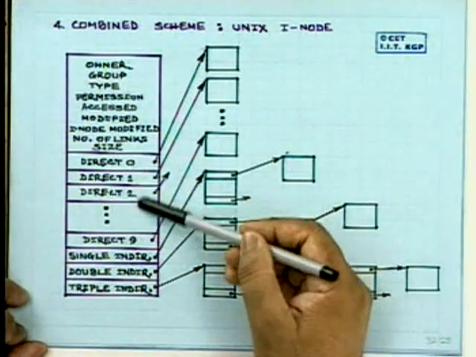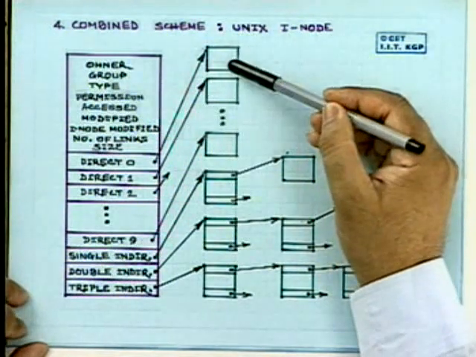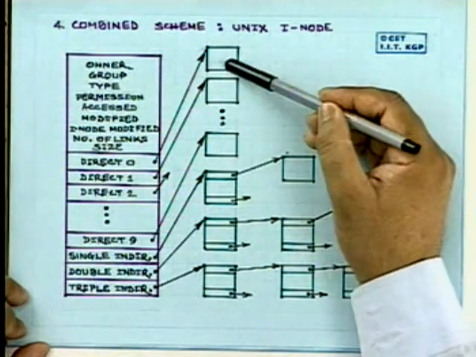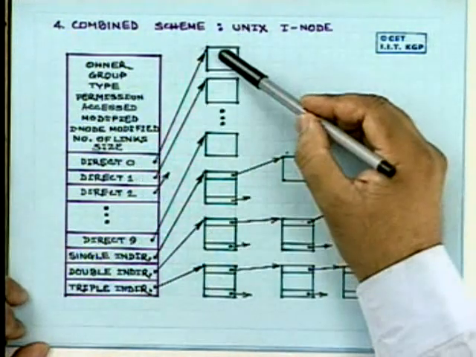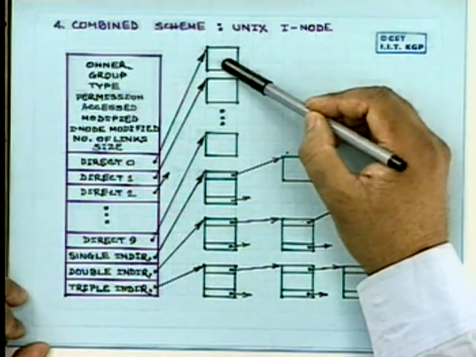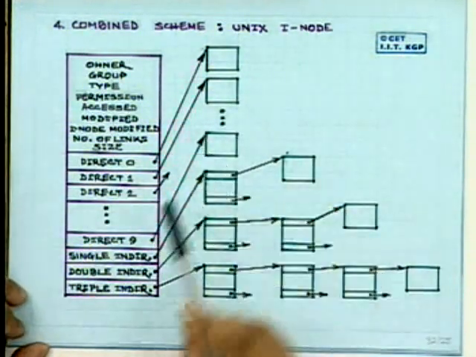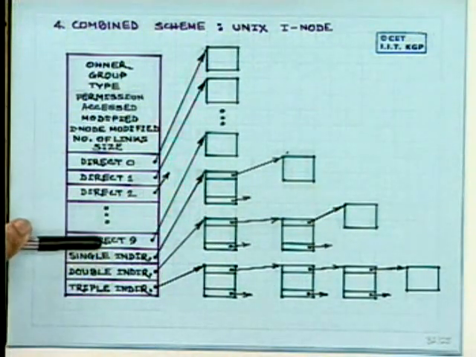The first 10 entries point directly to the physical blocks where the files are kept. For example, direct 0 points to this physical block where the first portion of the file is, and so on till direct 9.